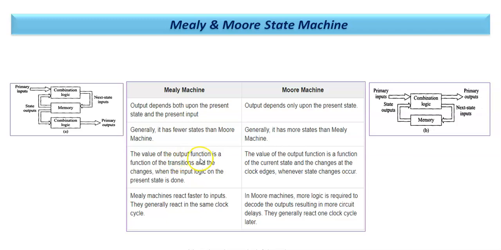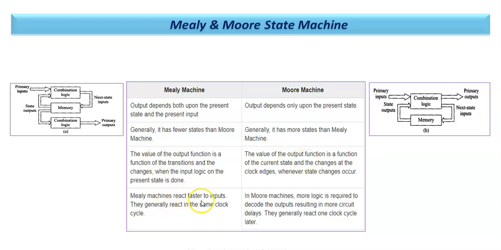The value of the output function is a function of transitions, and it changes when the input logic on the present state is done. I have told you that on the transition you write X by Z, input by output, but in Moore, on the transition you write the input only. So over here you write X by Z, here you write only X, that is the input.